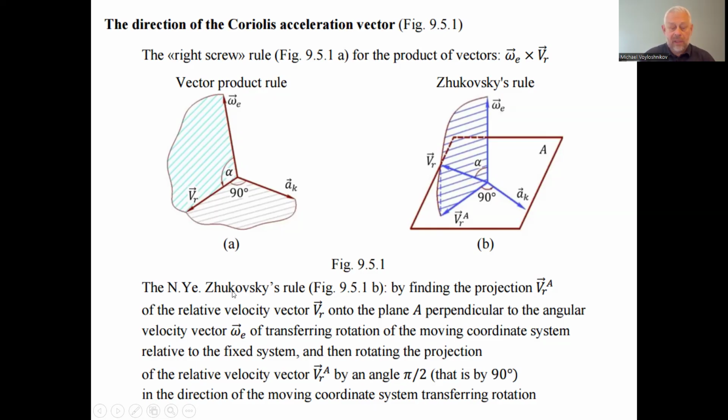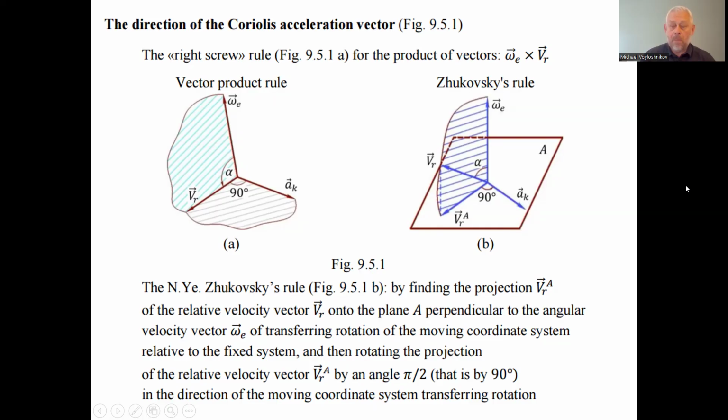Another rule we have is the so-called Zhukovsky rule, indicated on figure 951b. Sometimes it's more convenient to use the Zhukovsky rule to find the direction of the Coriolis acceleration.